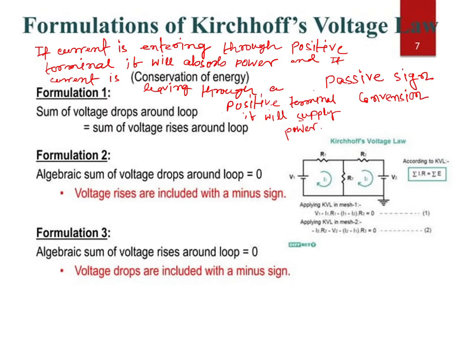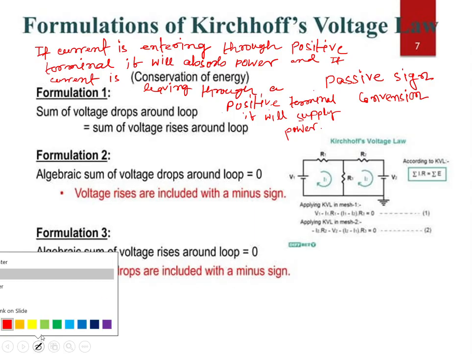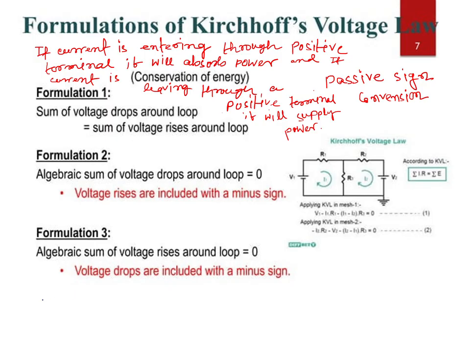So that's why, suppose I have a resistor, and current is entering through this terminal: if this is plus, this is minus, this is R, this is V, I will write V equal to plus I into R. And suppose for any reason current is entering through the other terminal, so this is minus, this is plus, then we'll write V equal to minus IR.